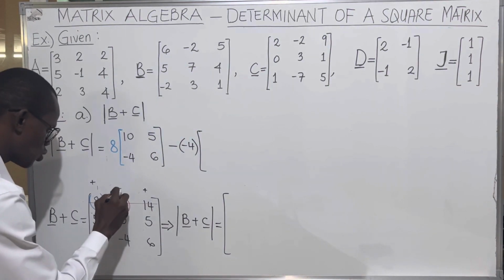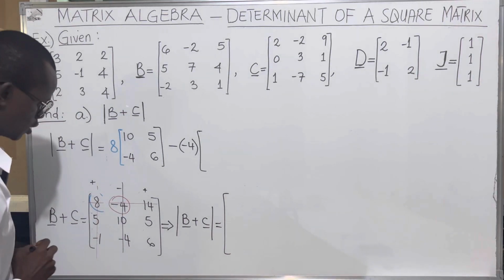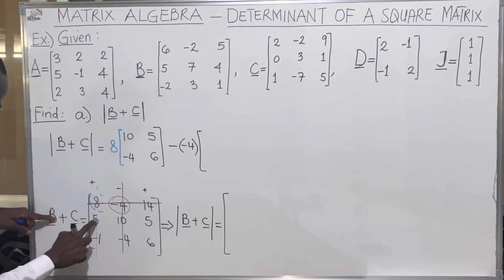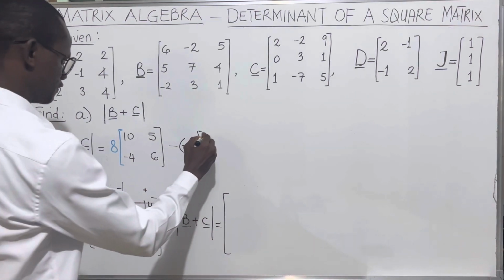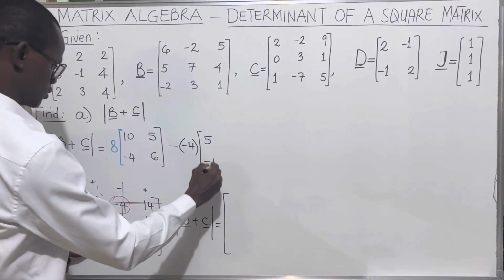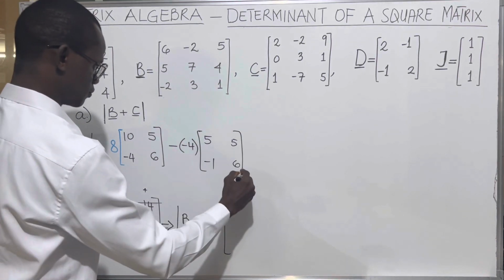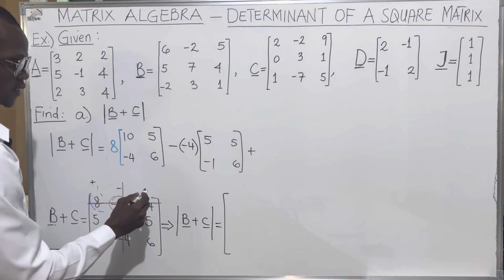Then we cross out the column of minus 4 and the row of minus 4. So what we will be left with now is 5, minus 1, 5, and 6. Plus, remember, plus minus plus.